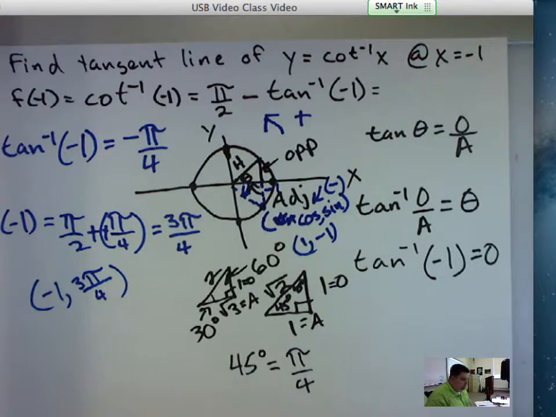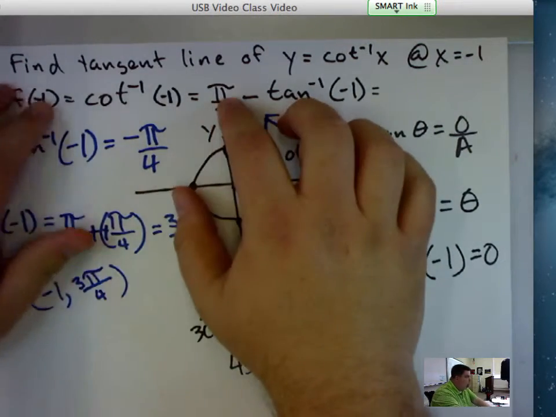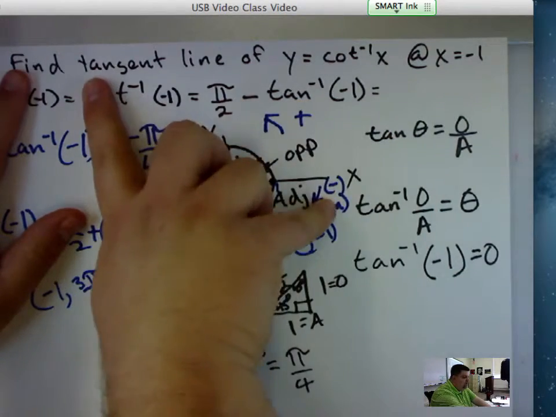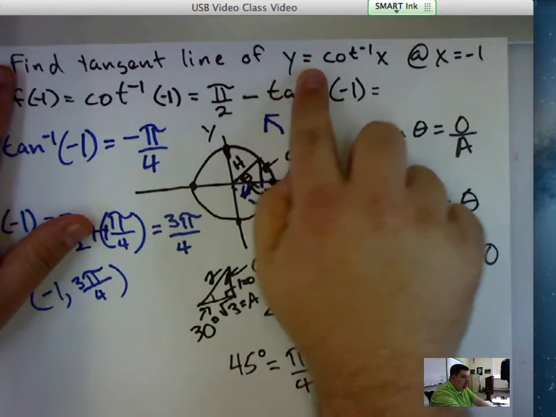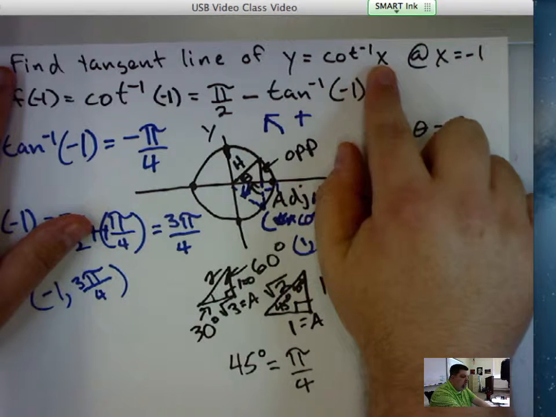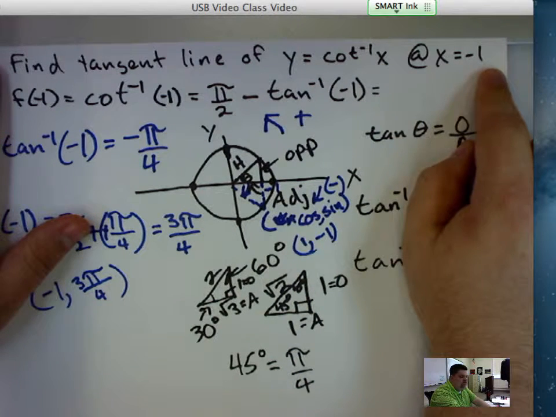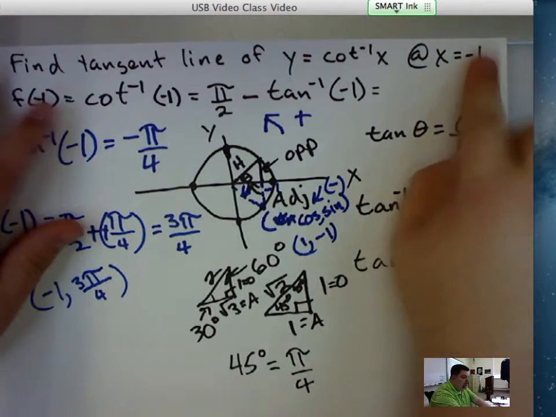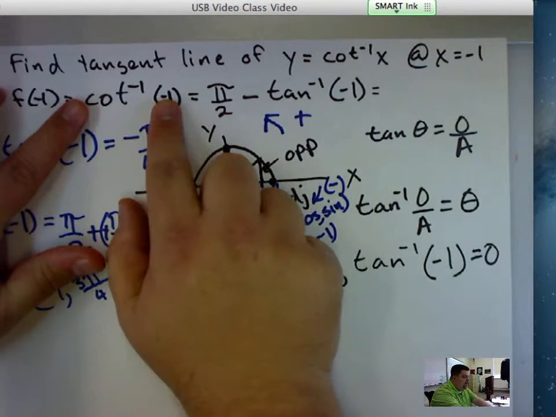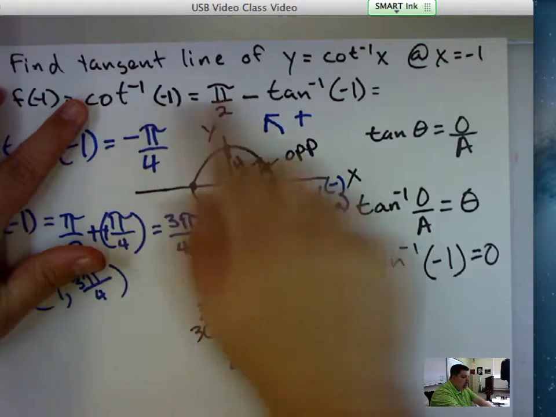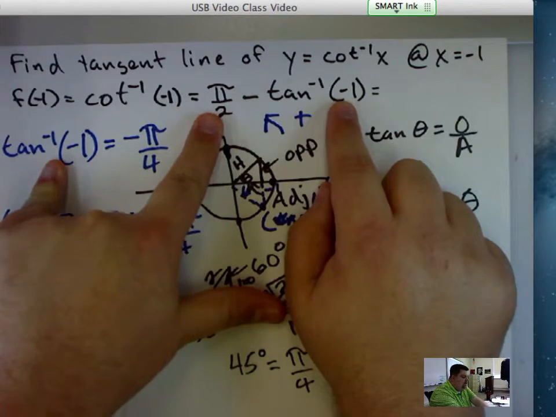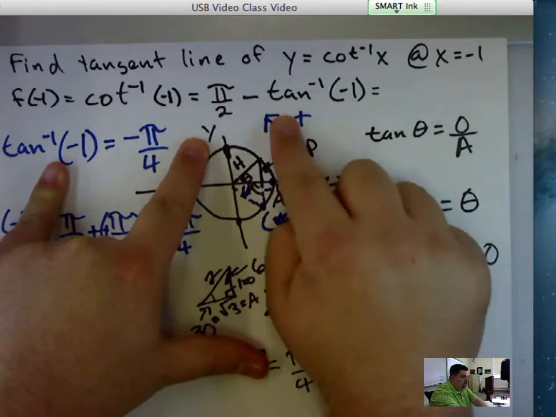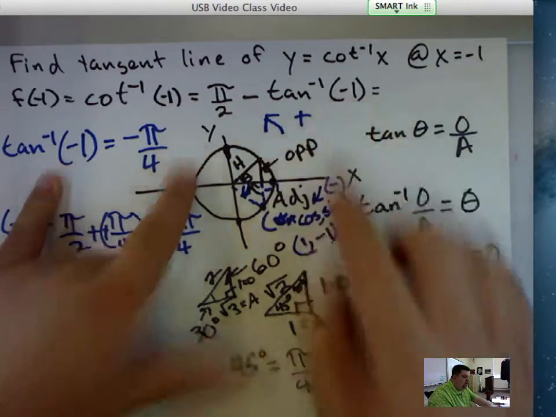All right. So I'll do a real quick summary. To find the tangent line of y equals arc cotangent of x at x equals -1, the first thing I need is the point. To find the point, I evaluate the function arc cotangent at -1. If I use the cofunction identity, I need pi over 2 minus arctangent of -1.